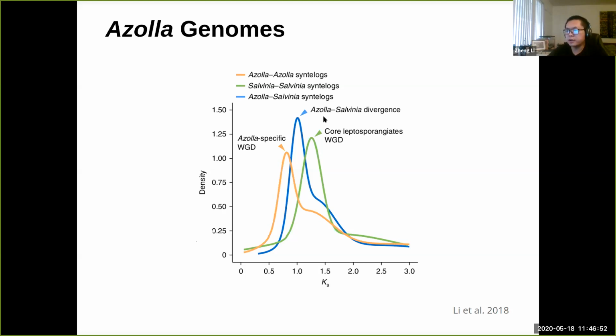We first look at the divergence between Azolla and Salvinia in terms of Ks, the synonymous substitutions per synonymous site. Here the divergence is represented in blue. What we see is one whole genome duplication event that predates the divergence of Azolla and Salvinia. We also see one Azolla-specific whole genome duplication that happens after the divergence of Azolla and Salvinia.